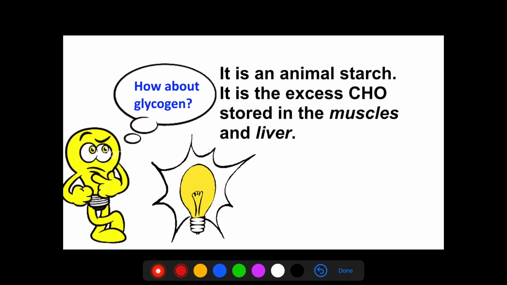But take note that the glycogen in the muscles will be used up by the muscles only, whereas the glycogen in the liver will be used by the cells of our body, because the liver has glucose 6-phosphatase, which the muscles don't have. This enzyme is necessary for the metabolism of glucose.